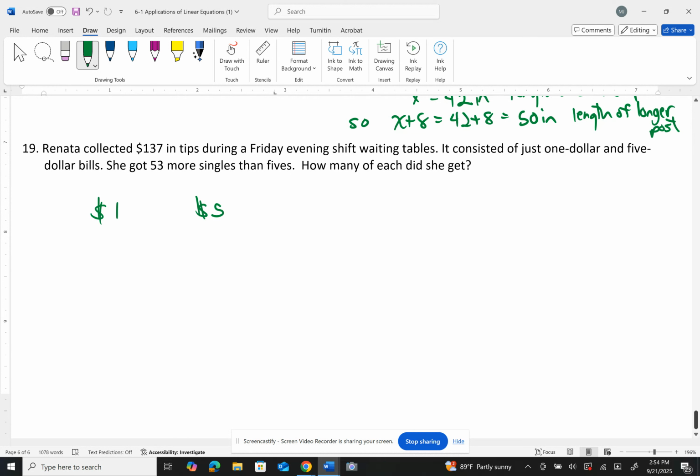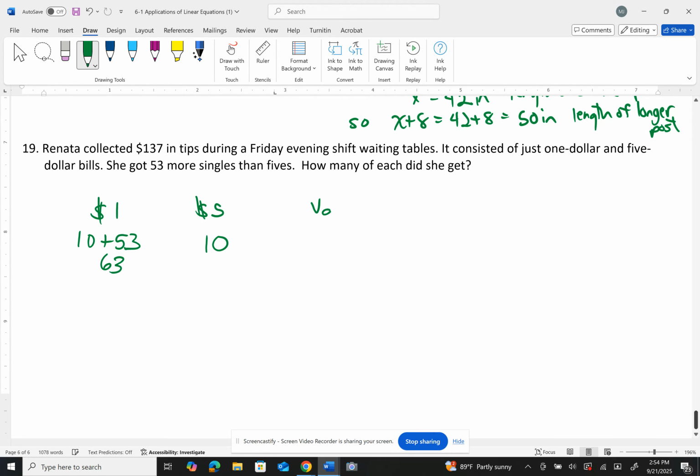So here we know that all total she had $137 in tips, and it consisted of just $1 and $5 bills, and we know she had 53 more $1 bills than fives. Okay? And then it asks how much of each did she get? So I'm just going to pick something. Maybe she had 10 $5 bills. If she had 10 $5 bills, then I know she had 53 more singles, which would have been 63 $1 bills.